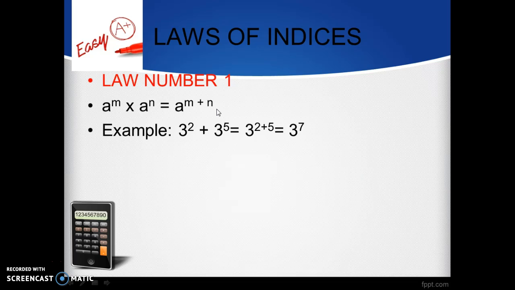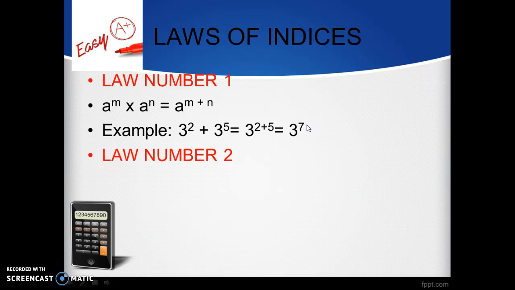For example, you have 3 squared times 3 to the 5th. The law said that once we have the same coefficient, then we can simply say 3 raised to 2 plus 5, which is equal to 3 raised to 7, right?